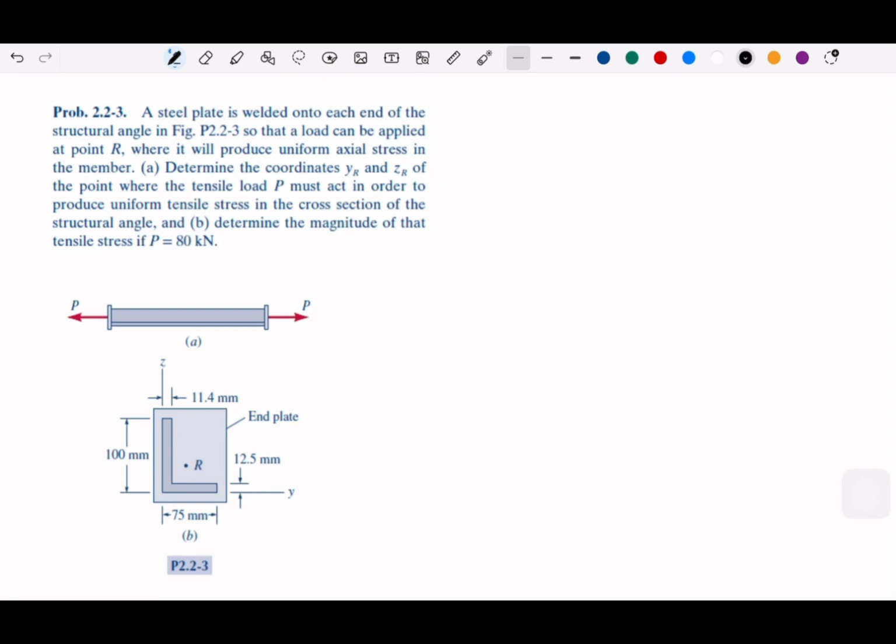Actually, for this one, you can get B easily. If you have the 80 kilometers, and you have the area for each part, you can add them, and then divide by the area, and you get the result. That finishes B. But A needs more observation.